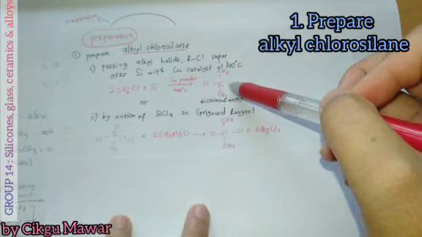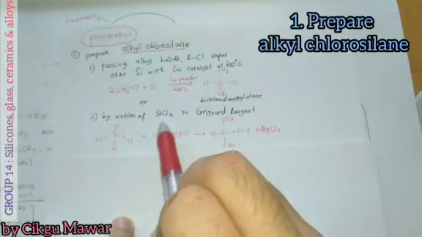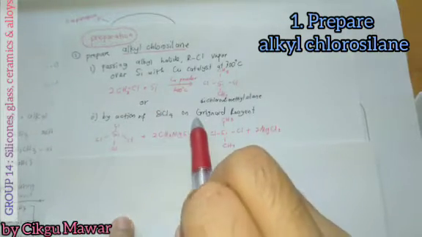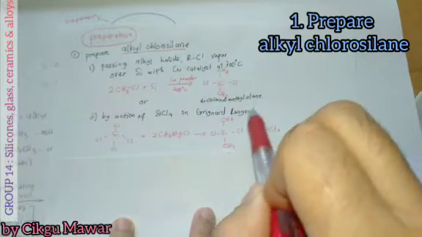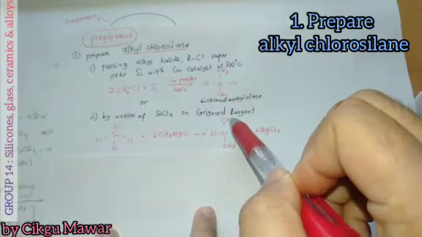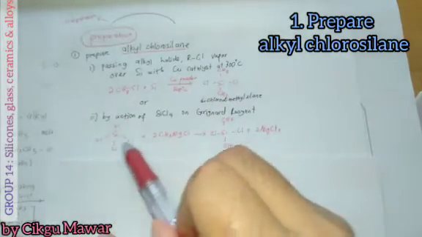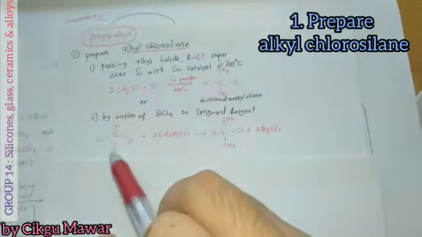Or we can use the second method, which is the action of silicon tetrachloride on a Grignard reagent. This Grignard reagent we will learn in detail in term 3. Now this is the chemical equation involved, with silicon tetrachloride.